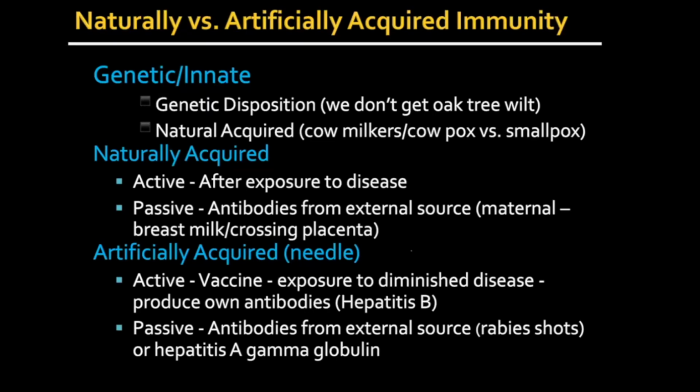So why was that? Well, by milking cows they were exposed to cowpox, and there are some similarities between cowpox and smallpox. They had been exposed to cowpox for so long that when smallpox came along, they already had an immunity to it just because of that other exposure. So that's called natural acquired immunity.